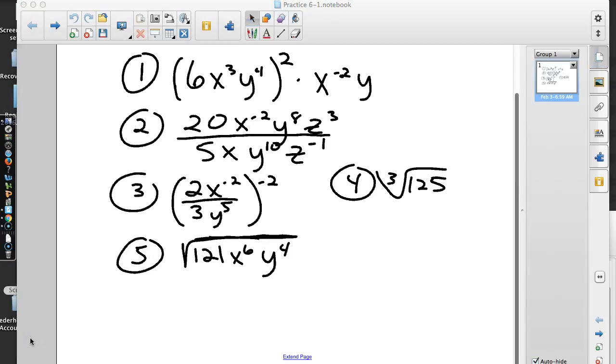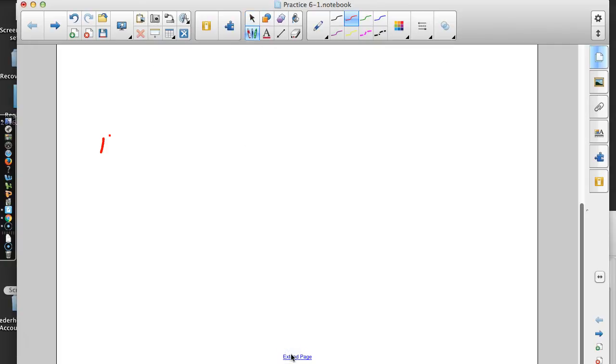So, number 1, we had (6x to the third, y to the fourth) squared times x to the negative 2, y to the first, and we're going to multiply that out in the end. But order of operations says we have to take care of the power first. And because this is multiplication in these parentheses, we can distribute that too.